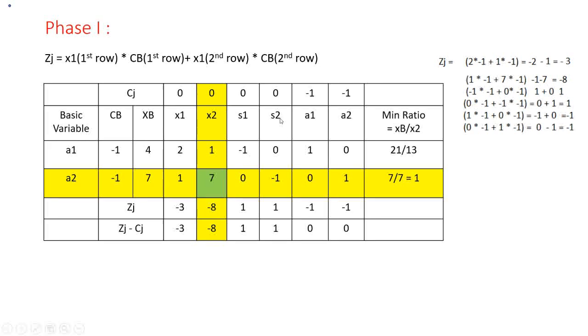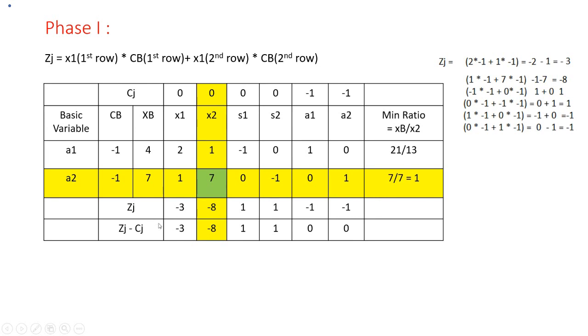Similarly for S2: 0 into -1 plus -1 into -1, so we get 1. For A1: 1 into -1 is -1, plus 0 into -1. And for A2: 0 into -1 plus 1 into -1, so we get -1. So by using this formula, we get the Zj values.